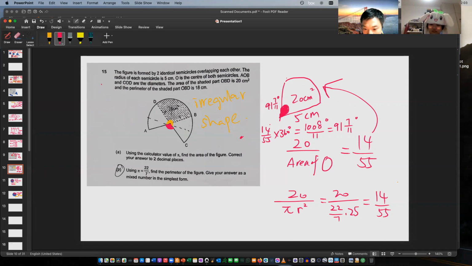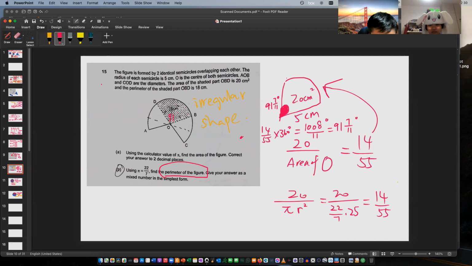Good. So with this, you are able to find out. Now they ask for the perimeter of the figure. So this part is 91 7 over 11.